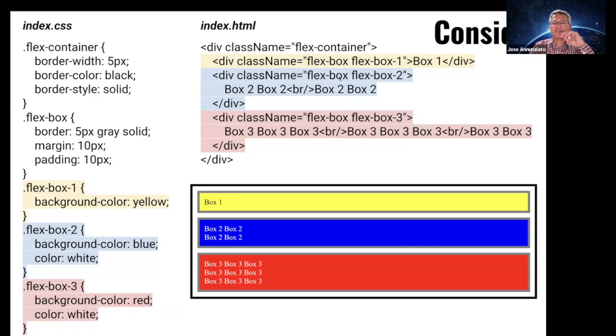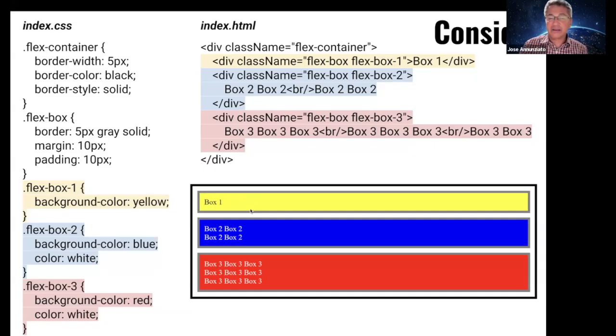So flex box, flex box, flex box. There it is, flex box. And they are providing padding and margin. So they are providing margins, which is space around the box, and padding is space inside the box. Also, I've added a border, a gray border all around, 5 pixels, solid gray, okay?